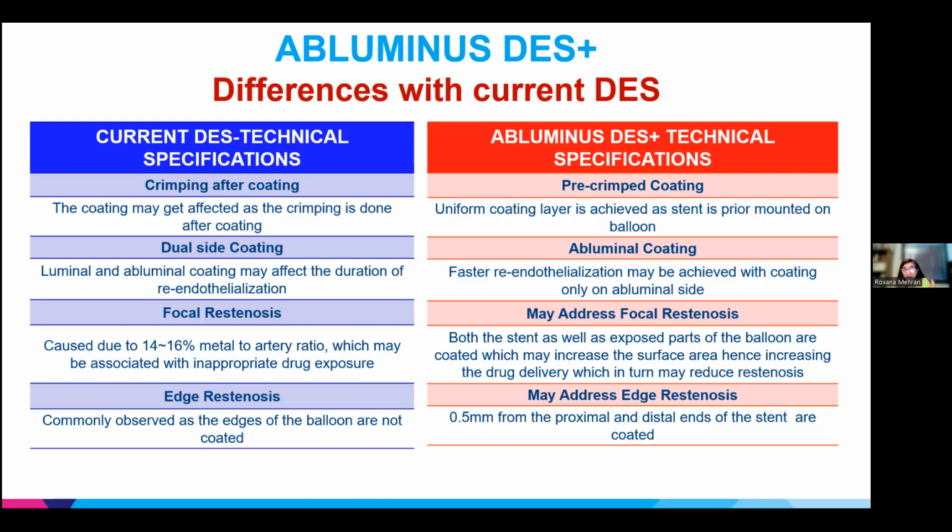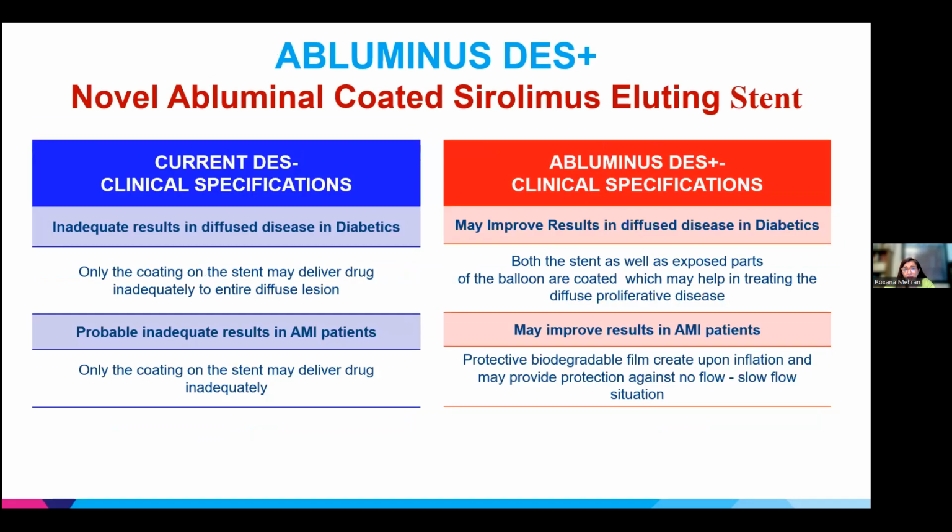And this absolutely requires a prospective randomized clinical trial, because even if you think about how you might be dealing with diffuse proliferative disease in diabetic patients, and even in AMI patients, this could have some interesting advantages for diabetic patients with a homogeneous elution of the drug, sirolimus.